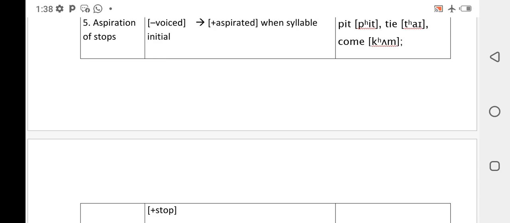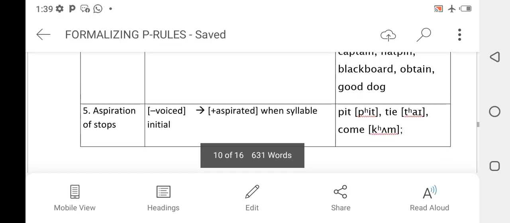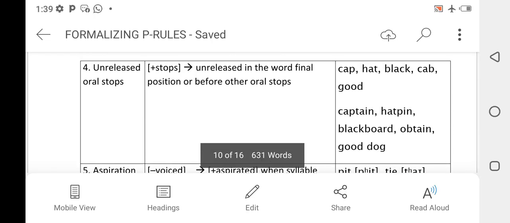Then it becomes aspirated. So we are looking at aspiration of stops. We have, for instance, p in pit. See that superscript h on it; it shows that it is aspirated. t in tie, k in calm. The superscript h shows that they are aspirated.